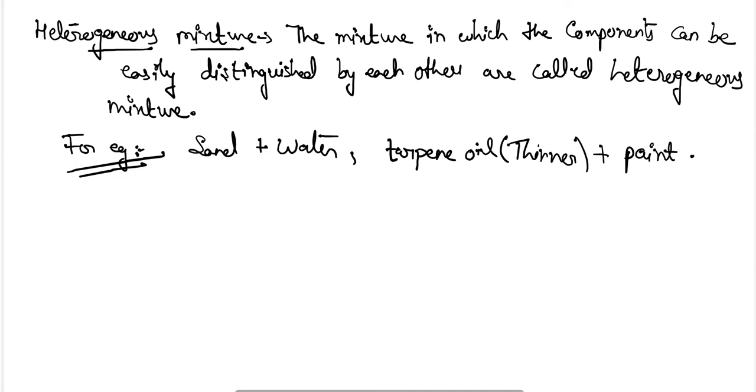What will happen if you add some turpentine oil to paint? It becomes thin. But when you leave it undisturbed for some time, the thinner will come upside and the paint will settle downward. So this is also a heterogeneous mixture.